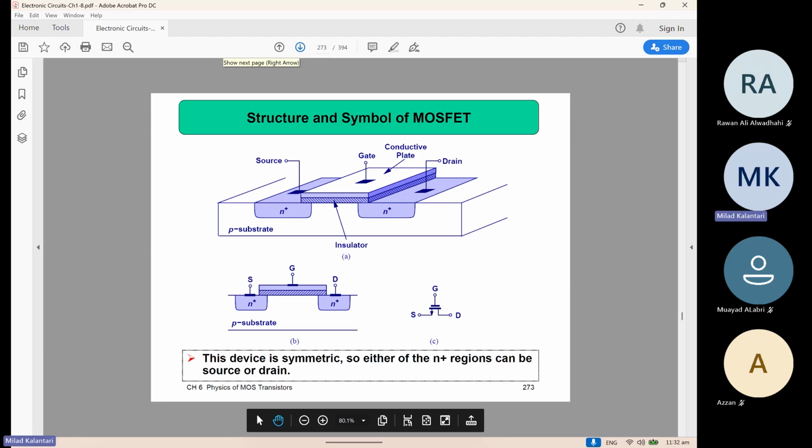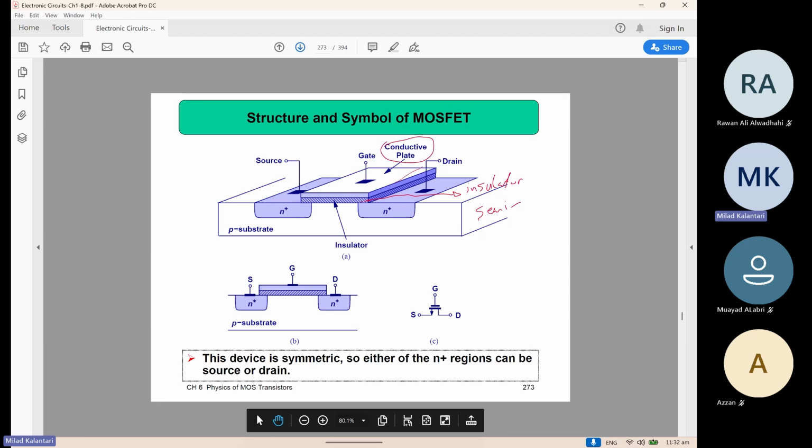So again, this is a 3D demonstration, right? Here you have this semiconductor material. Here you have this insulator, which is oxide, right? And the top, which we call the gate, is something like a conductive plate, a metal.